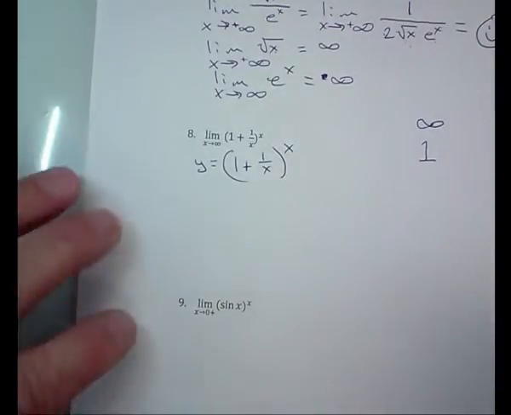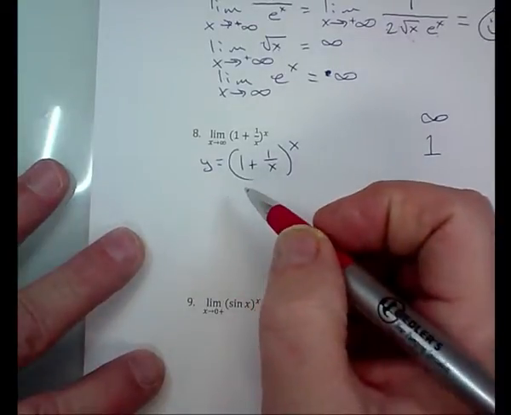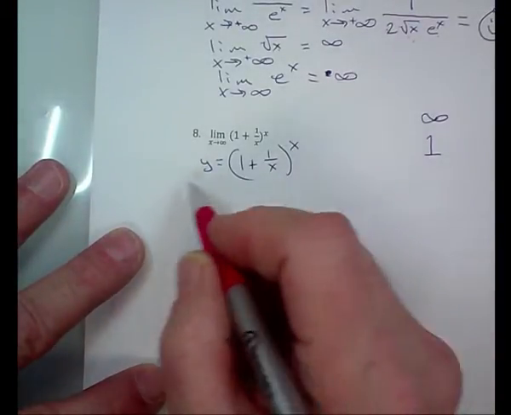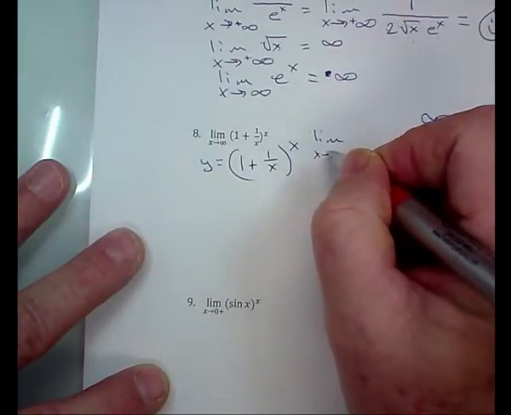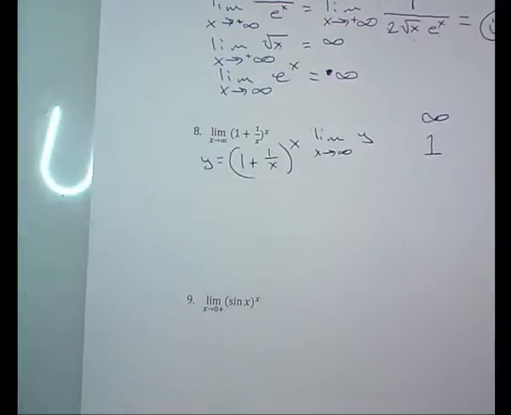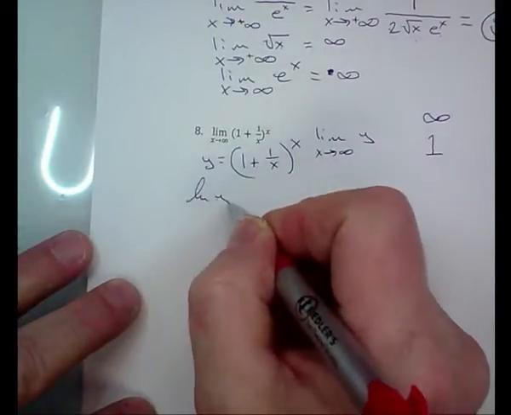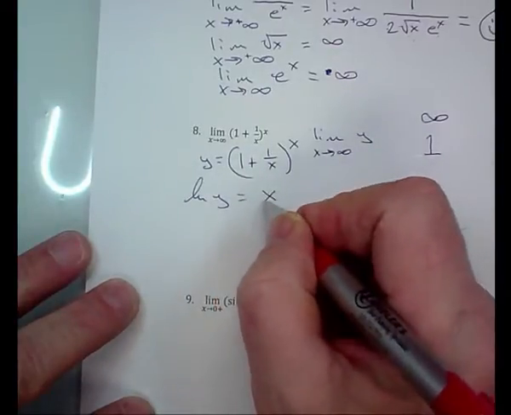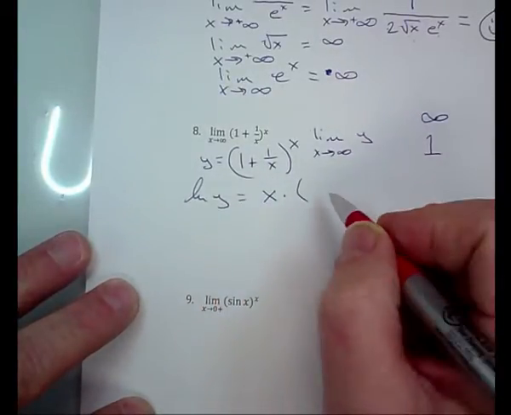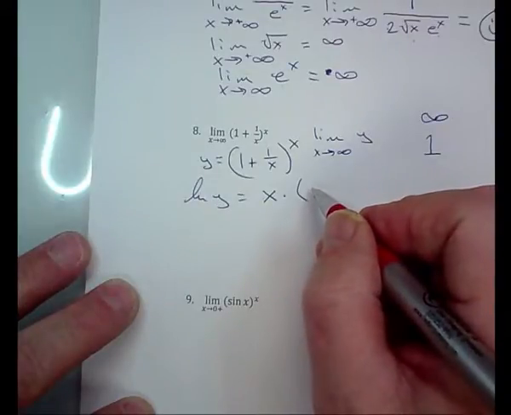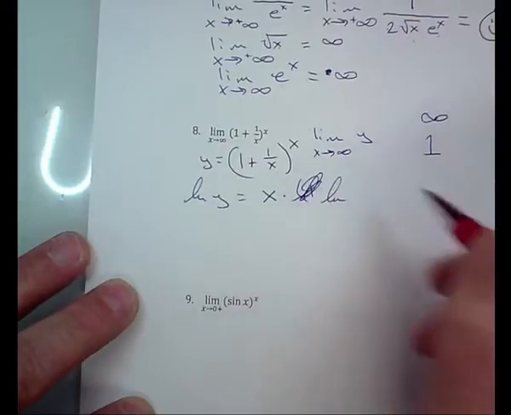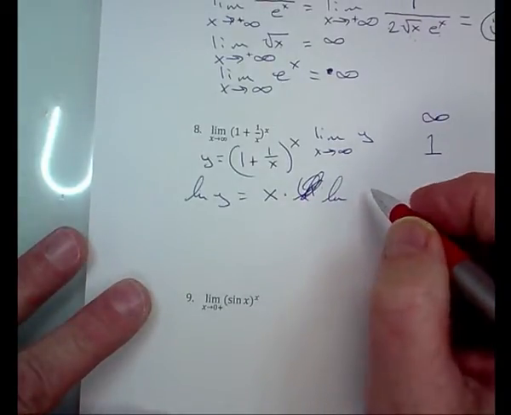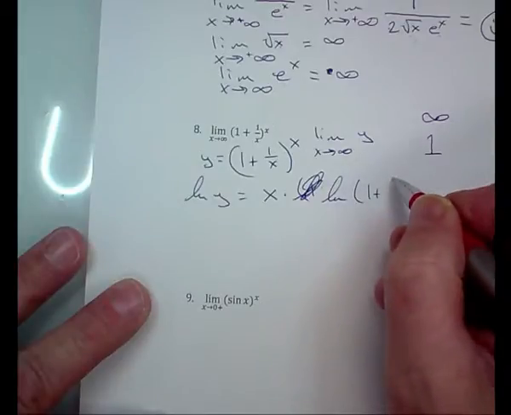So what I'm going to do is we're going to take a look to see if we can figure out this limit. I'm going to say that this is what we're going to take a look at, and I'm going to take the natural log of y from both sides. ln y equals ln of (1 plus 1 over x) to the x.